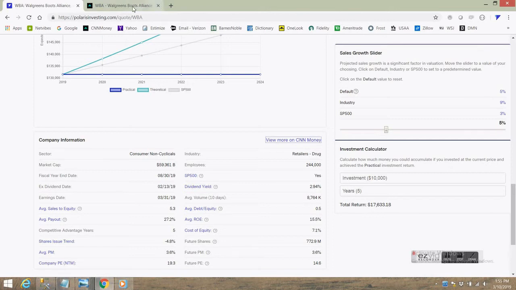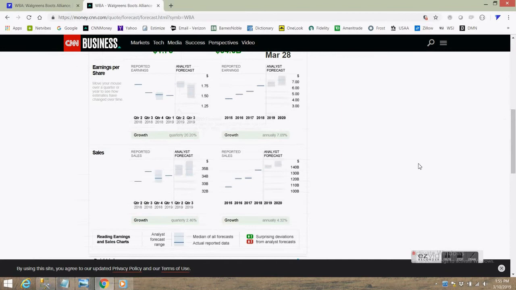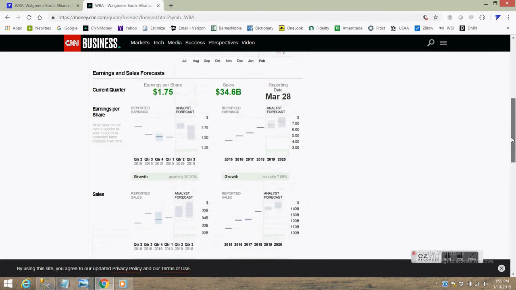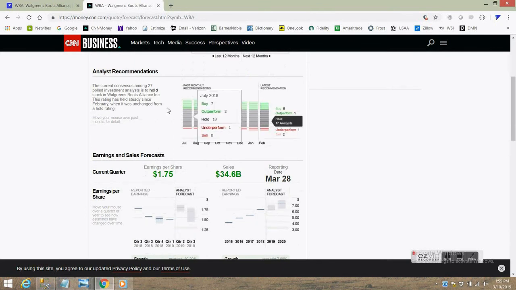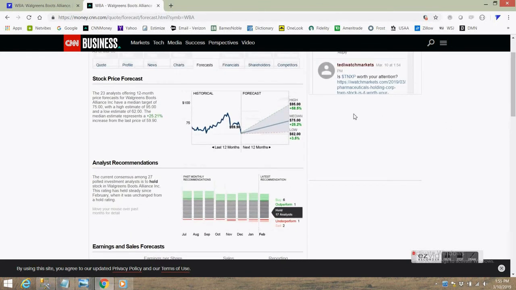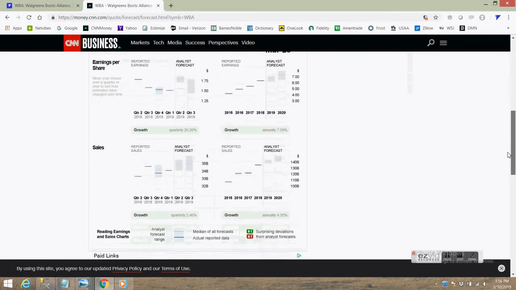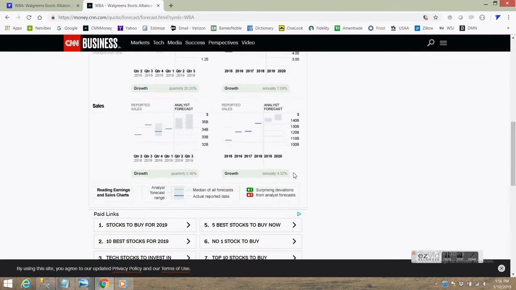Now, when we go back and look at the CNN site, let's not forget that this average number of 4.32% came from 27 different analysts. And if you scroll up here, you look at the valuations that those different analysts came up with. The range is quite the range, from a low of 62 to a high of 95. So you want to make sure you don't get too caught up in somehow this average number being something that has more accuracy to it.